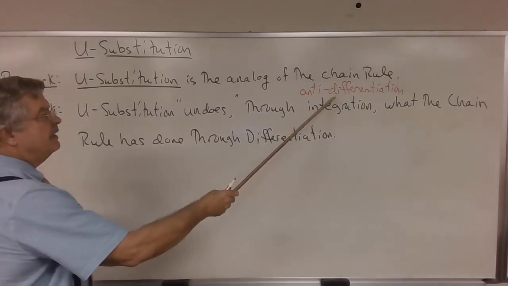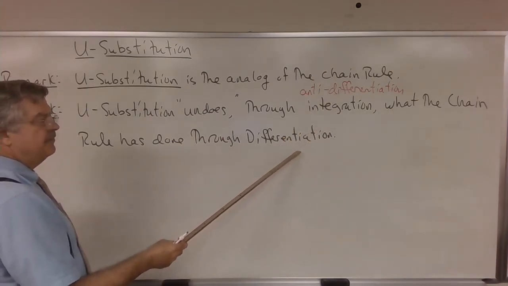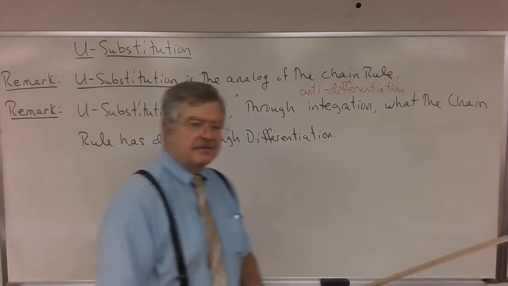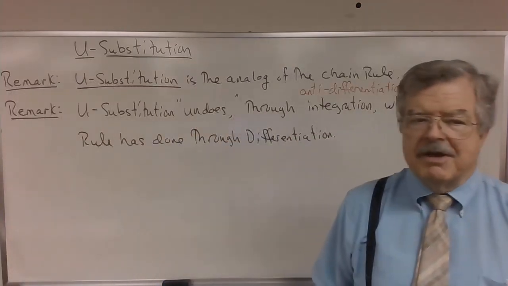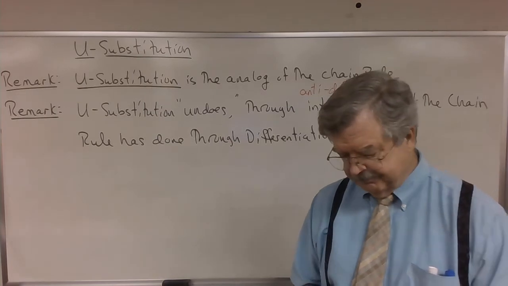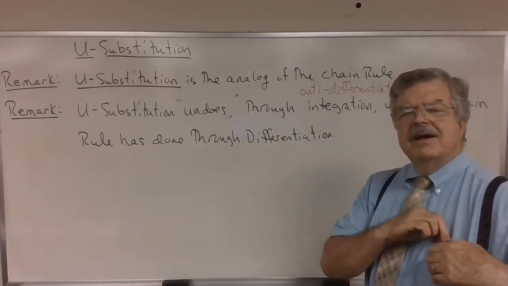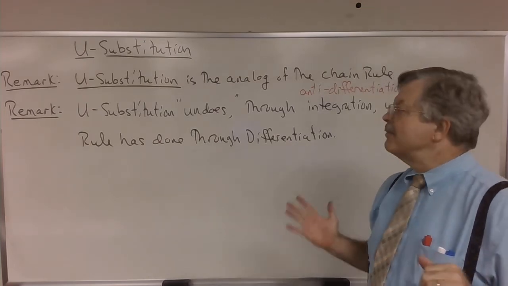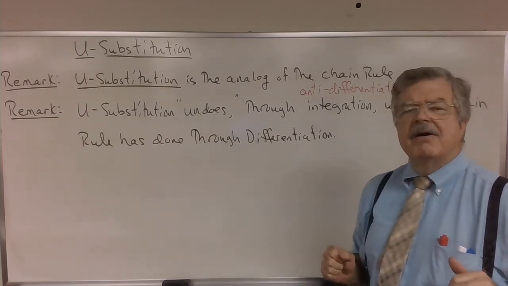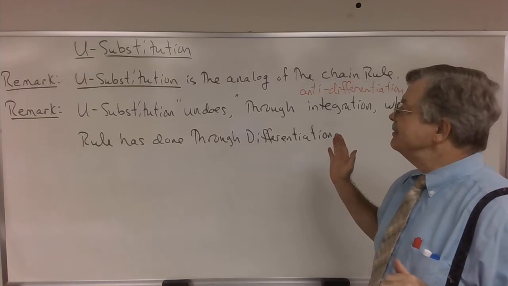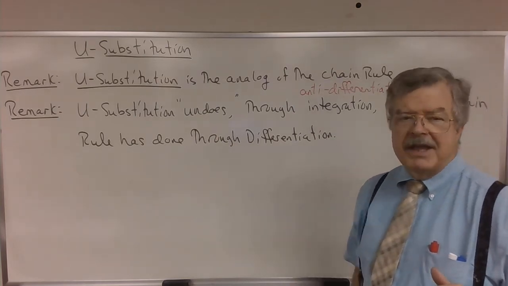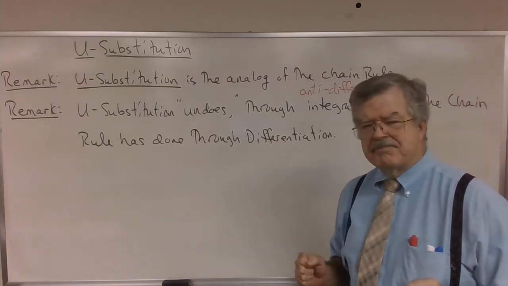And remember, anti-differentiation and differentiation are reverse processes. Each of them undoes the other. So let me draw a schematic diagram, or maybe two, of how U-substitution and the chain rule are related.